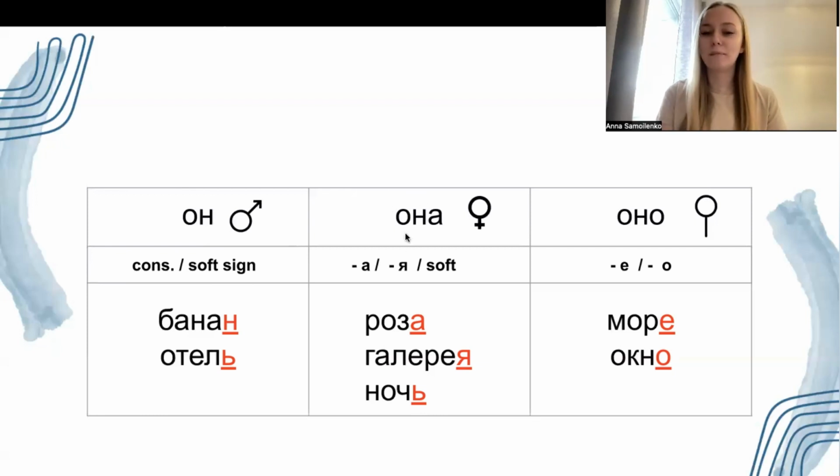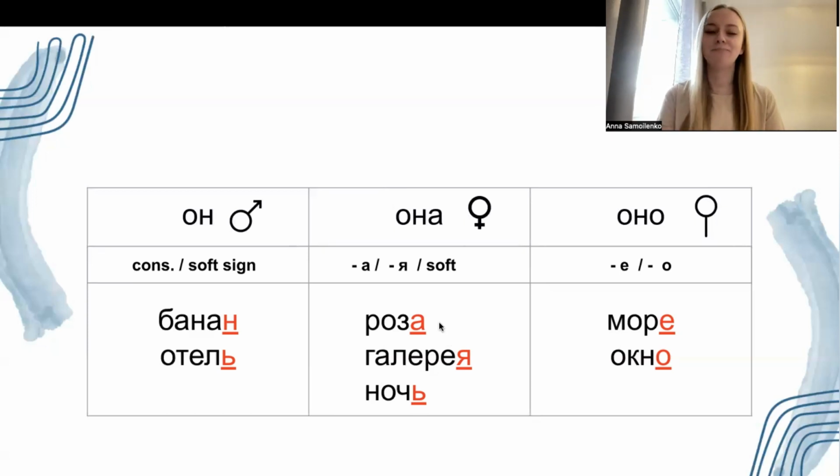Let's go to feminine gender. Here we have a little bit more options. We have 3 situations where we can figure out that this is feminine gender. The first word is rosa, like a flower. To be honest, I don't like roses a lot, but still they are beautiful.